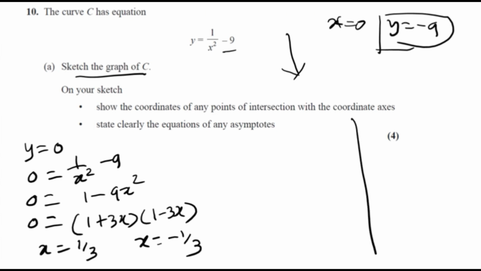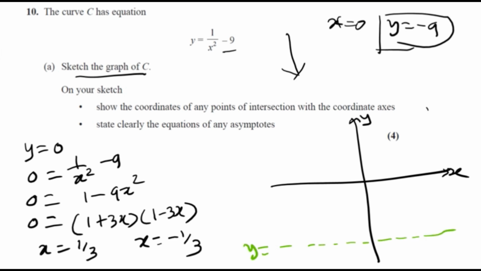Now let's sketch the graph. So this is the x-axis, this is the y-axis. Because it's a reciprocal positive graph and a quadratic graph, it is in the second and third quadrants. But our asymptote is y is equal to minus 9.